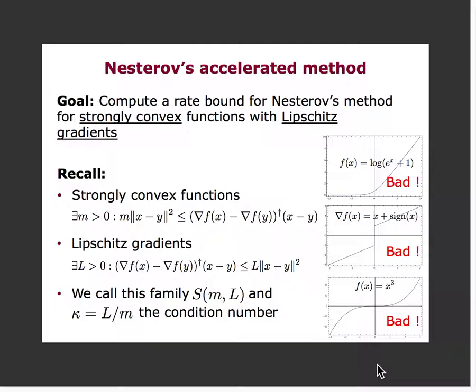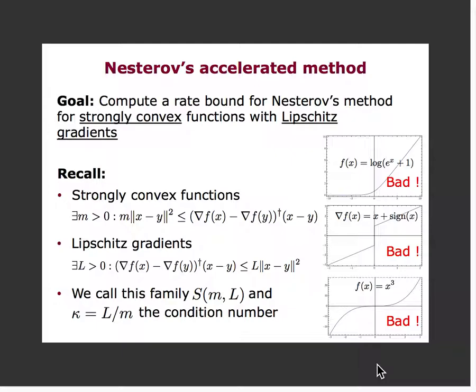For example, this function here is not a strongly convex function with Lipschitz gradients for two reasons. First, because the curvature here at 0 is 0, and second, because the curvature increases arbitrarily large for large x. So if the function is totally unconstrained, then it's again not in this family of strongly convex Lipschitz gradient functions.